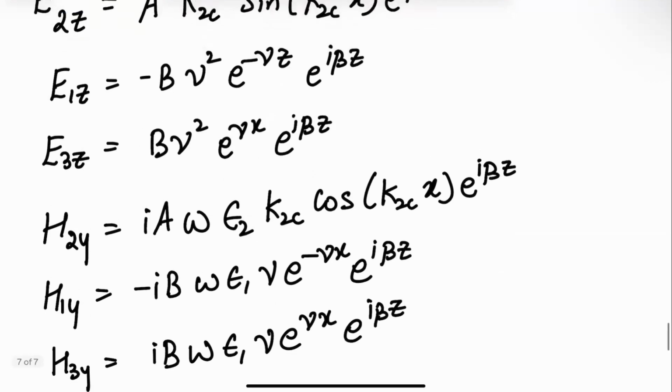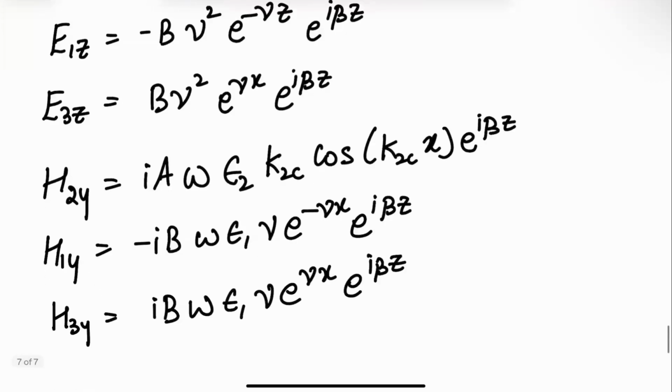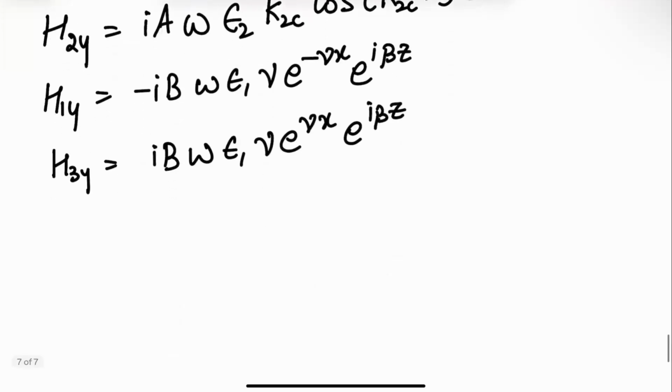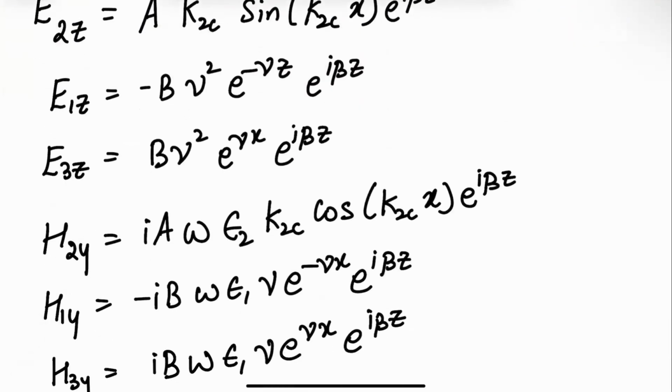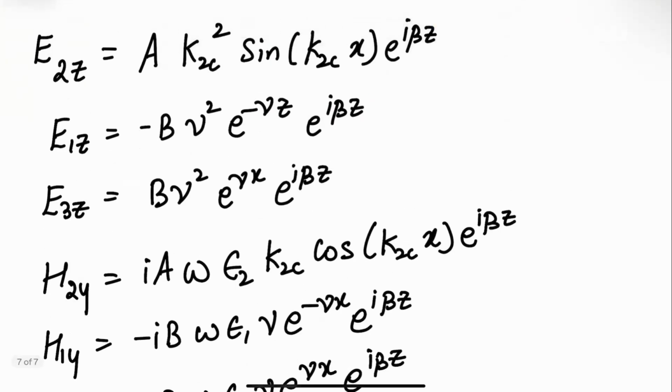Okay, and of course, E also has an x component, which I haven't written down. The reason is that once we have these equations, we can apply boundary conditions to find k and A. We don't know what A, B, k2c, and nu are, so in order to solve for those, we have to apply boundary conditions.